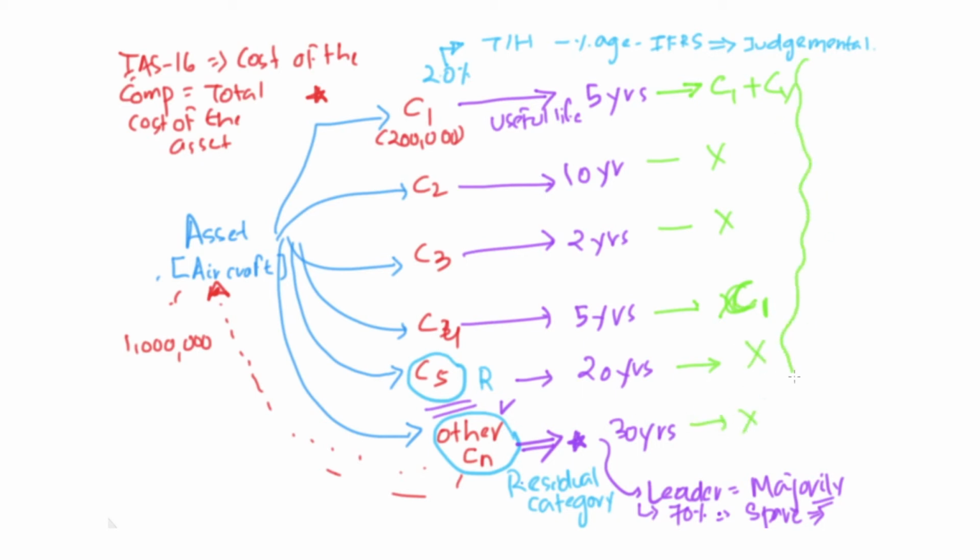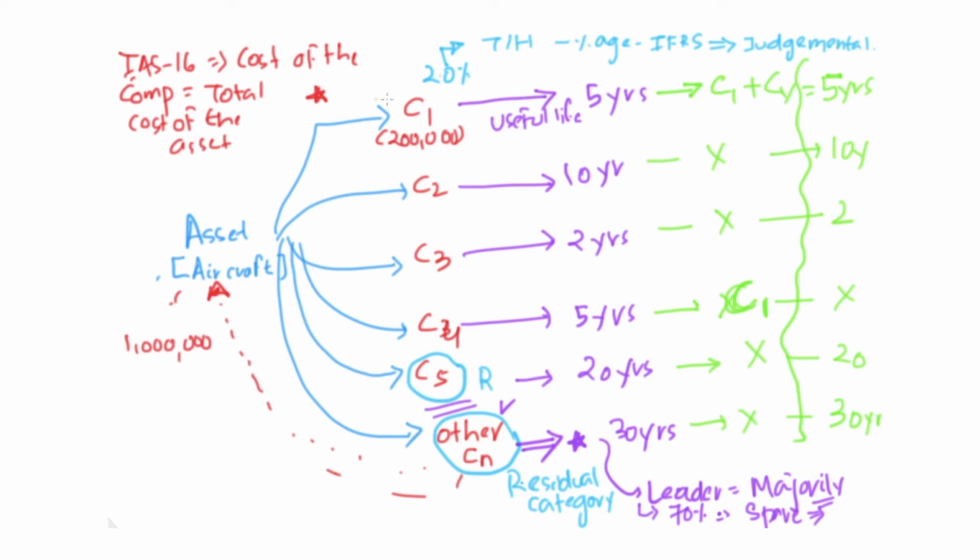Now what we can do is depreciate C1 and C4 together for 5 years, C2 for 10 years, C3 for 2 years, C5 for 20 years, and the other component for 30 years.